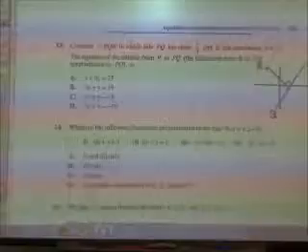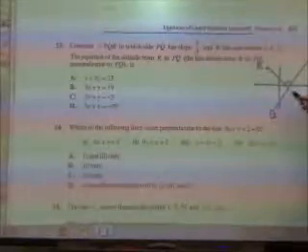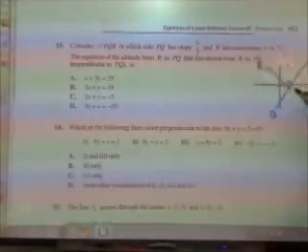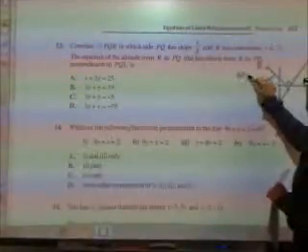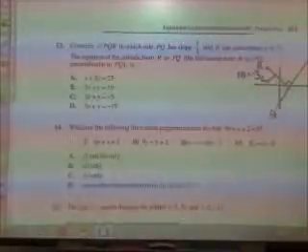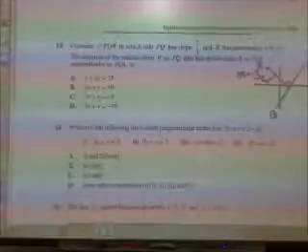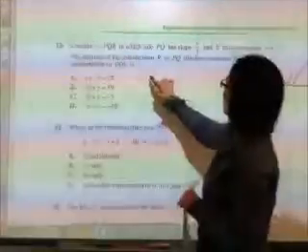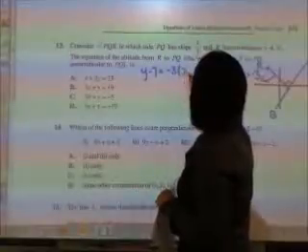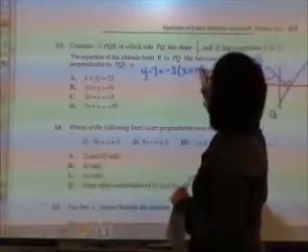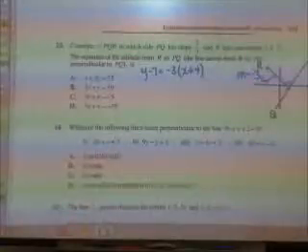So if side PQ has a slope of 1/3, what's the slope of this line through R? The slope is going to be negative 3. And I have a point and a slope, so I can use my point-slope formula. y minus 7 will equal negative 3 times x plus 4, because it would be x minus negative 4.